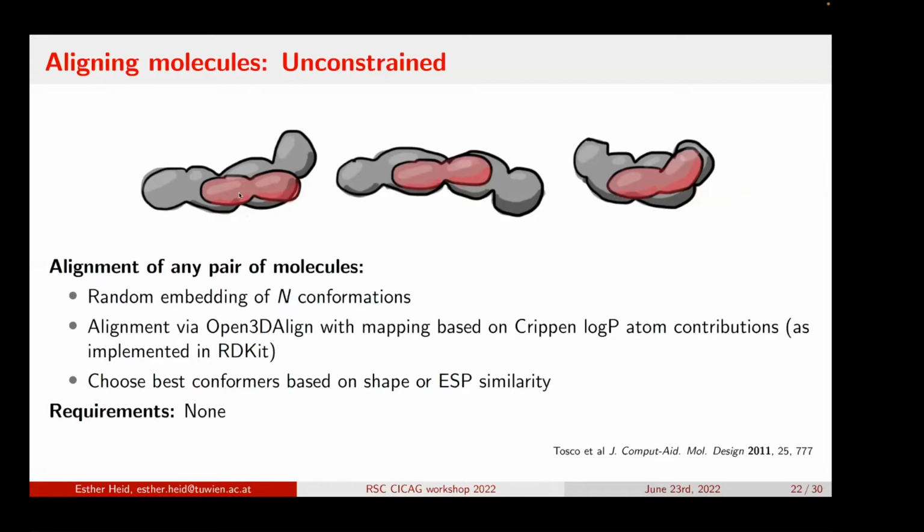You already see here, if they're very different, it's kind of hard to judge where the best alignment is. And we also see this in the workshop, that this is a very difficult problem. And then it will try to choose that best pair based on either shape or electrostatic potential similarity. And you can do that on any molecules. Now, this is easy to do, but it may not be the best option depending on your problem.